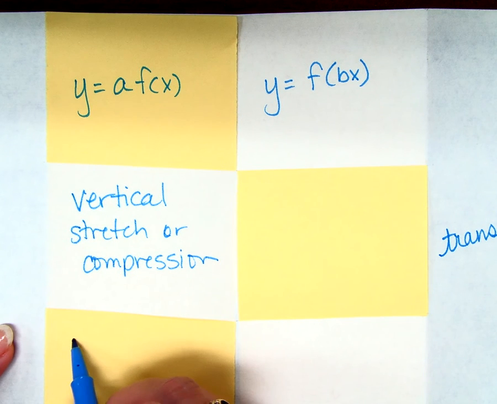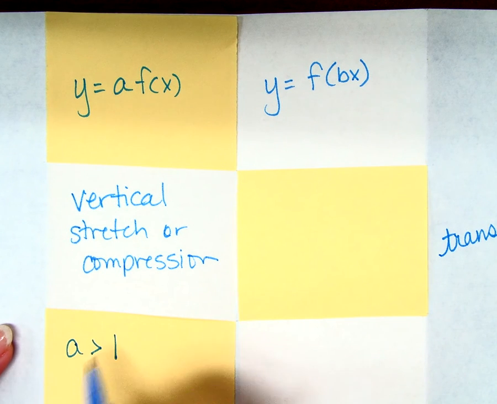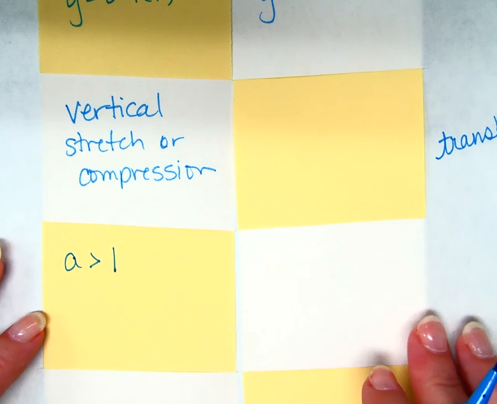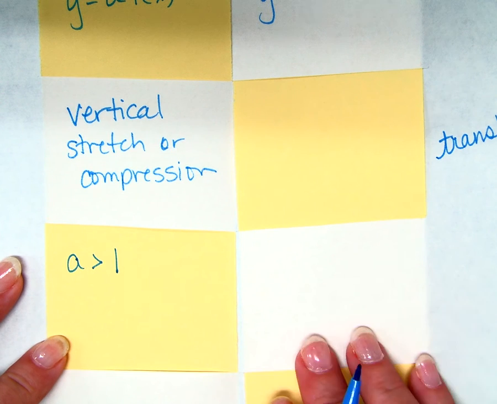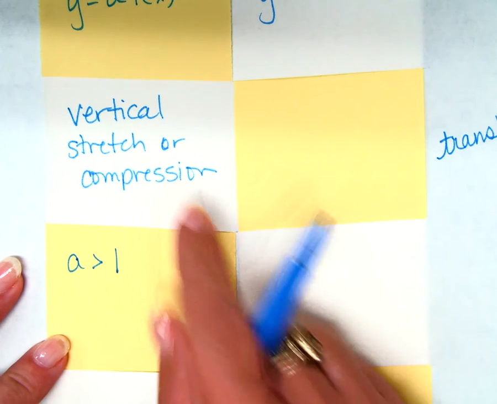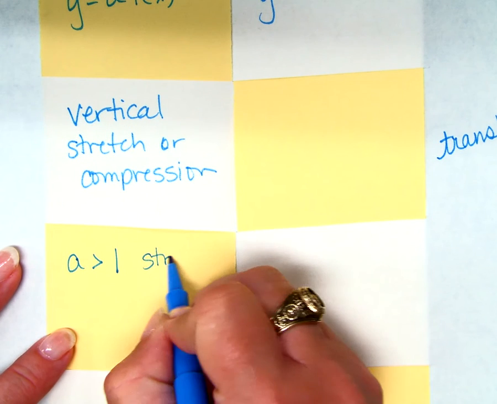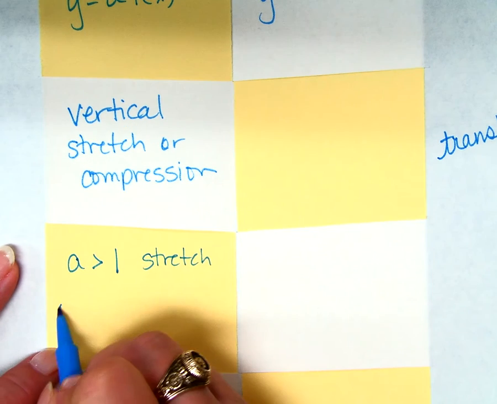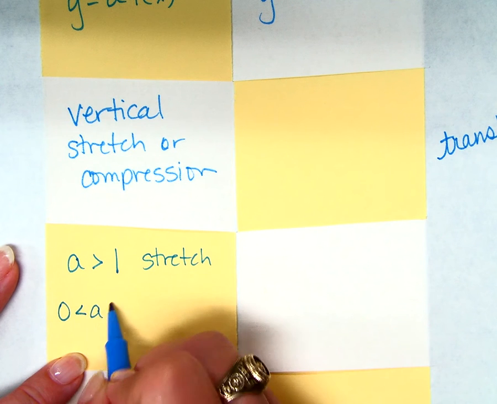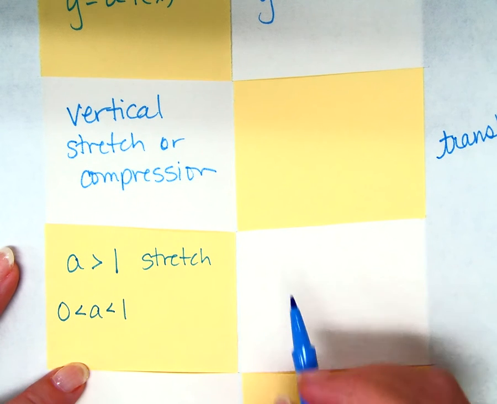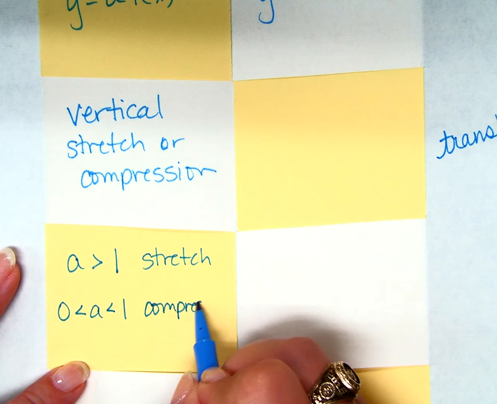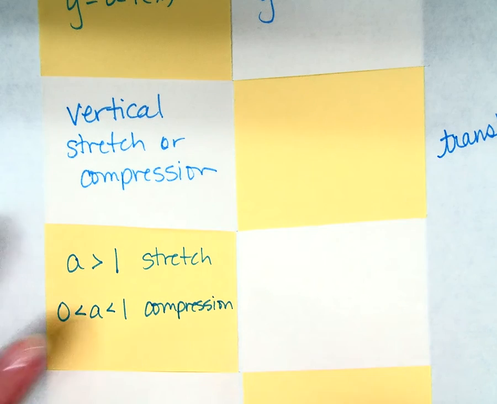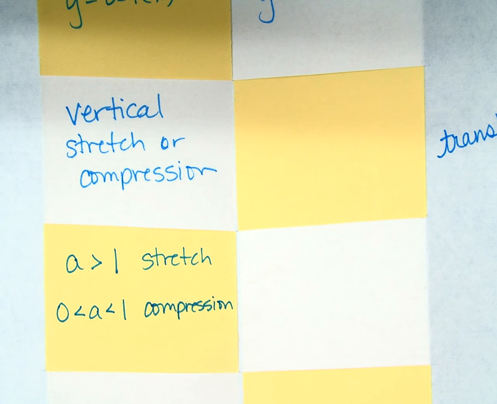Well, if a is greater than 1, logically, what do you think that will cause? Will it be bigger or smaller? A stretch, right? And if it's between 0 and 1, what do you think that's going to cause? Compression. Good job guessing it, seeing as how it was the only answer left.